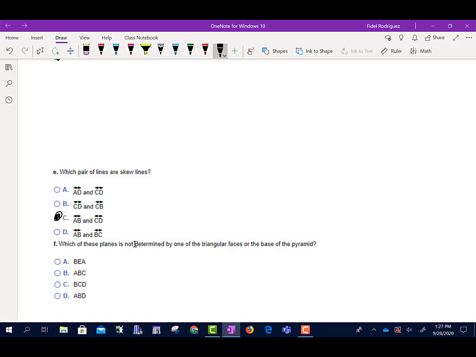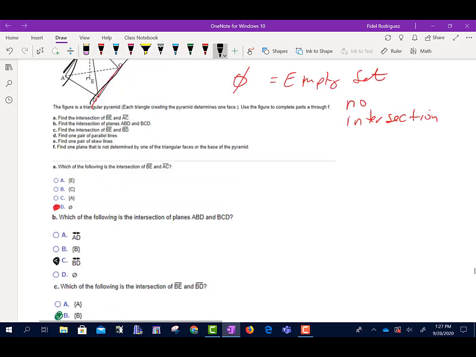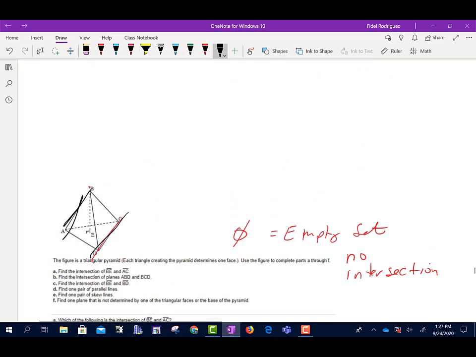And now, part F says, which of these planes is not determined by one of the triangular faces or the base of the pyramid? Okay, so the first one we have is BEA. So let me clean this up here. And let's go BEA.